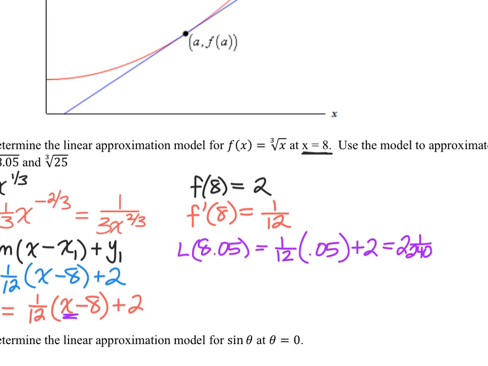Which is actually a pretty good way of writing it, as opposed to the improper fraction, because if I'm going to get an estimate of this, the calculator is going to come into play. I'm going to do the cube root of 8.05. It's not going to give me an exact value. It's going to give me 2 point something. So the 1/240th is going to be the approximation of the point something.